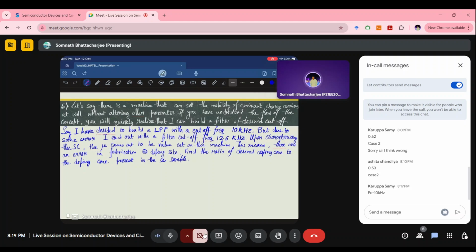They have mentioned it as F1, which is 10 kilohertz, but mistakenly it has become F2, that is 12.5 kilohertz. Now we have to find out the concentration ratio of these two things, and there was a doping error. So I'll just give the answer itself.